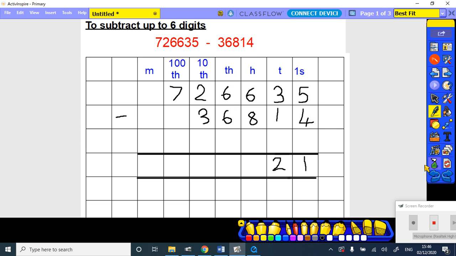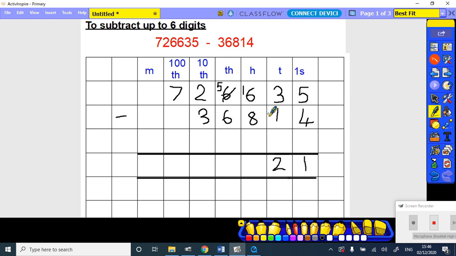So we're going to take 1,000. We currently have 6,000. If we take one of those thousands, we are now left with 5,000. So I shall write that there. The 1,000 that I'm bringing into the hundreds column is the same as 10 hundreds, because 10 hundreds equals 1,000. So I shall place that 1,000 in front of the 6 to show that we now have 16 hundreds.